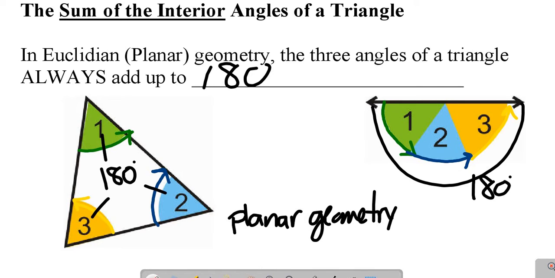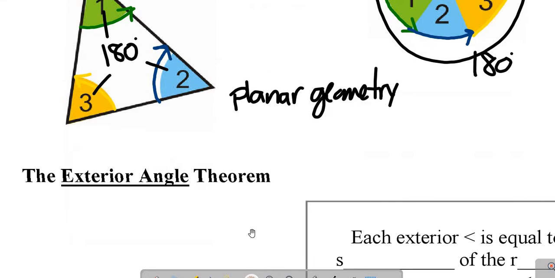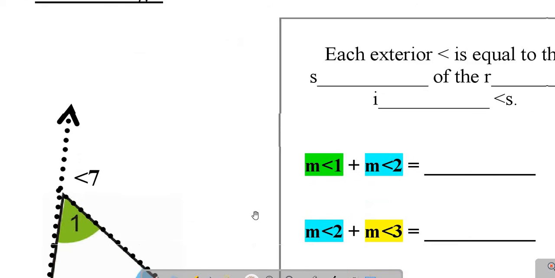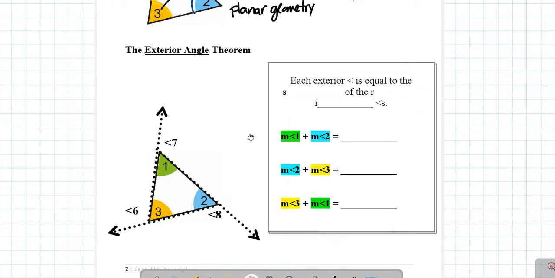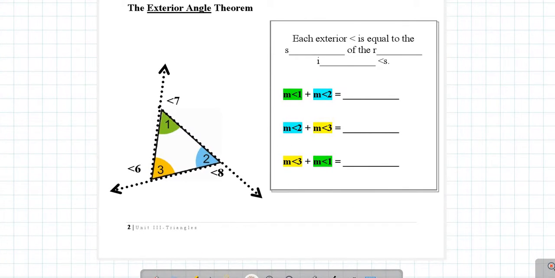Now there's another concept involving angles of a triangle. First off, you need to extend the dotted lines. Just trace along the dotted lines and extend.